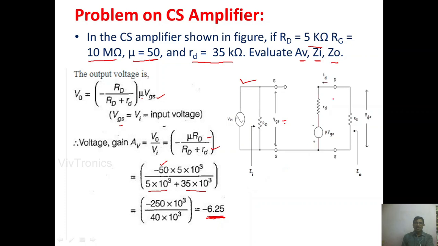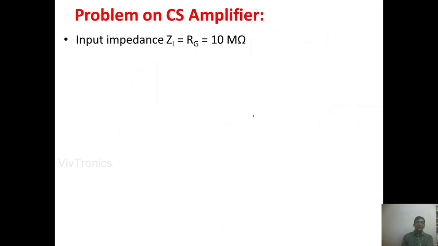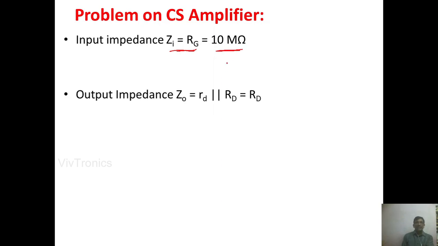Next we need to get the input impedance and output impedance. We already know the input impedance is equal to the RG value, which was given as 10 mega ohms. And we already know the output impedance is equal to the small rd in parallel with the capital RD.